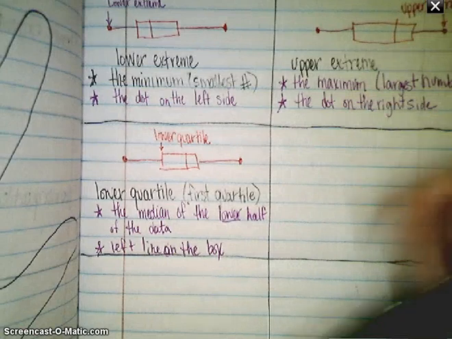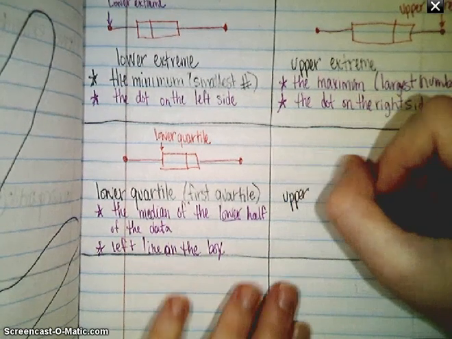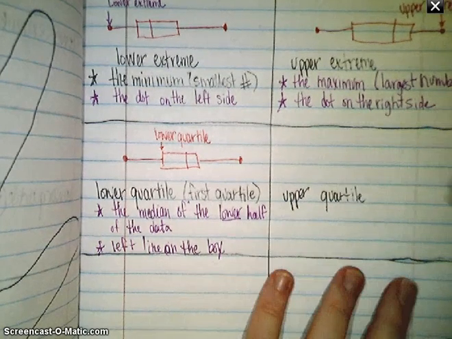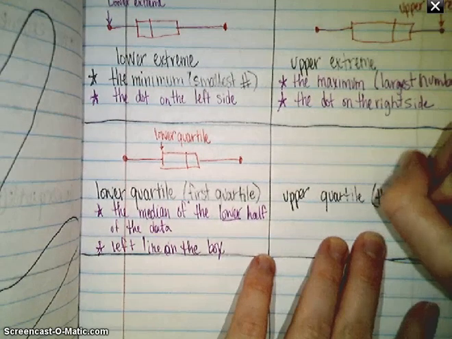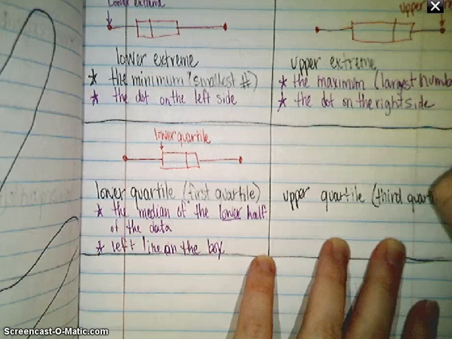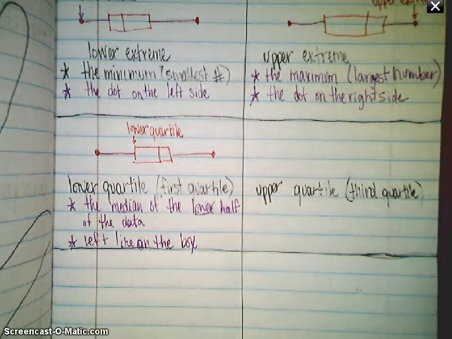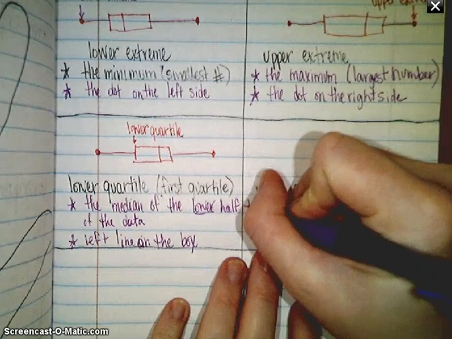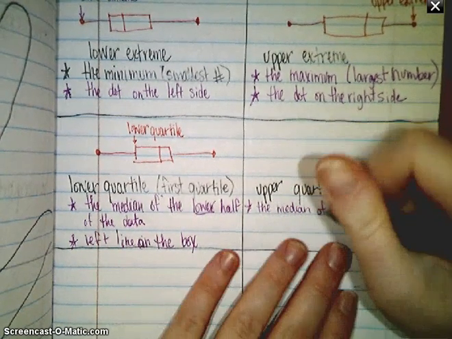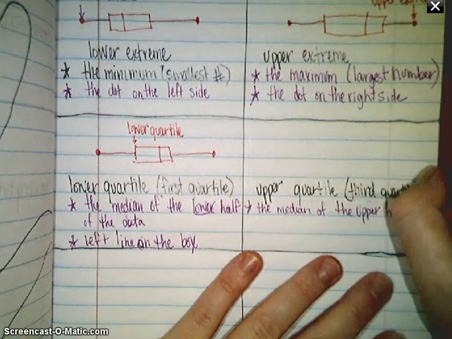So then we've got the upper quartile, and it is sometimes called the third quartile. It is the median of the upper half of the data.